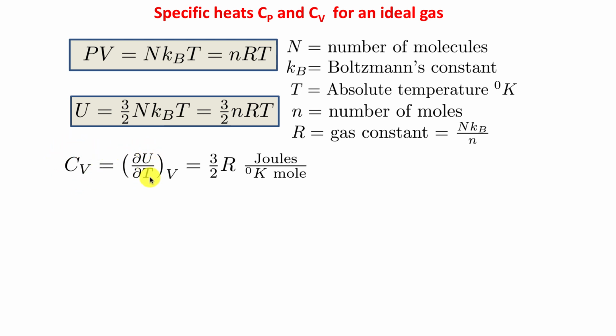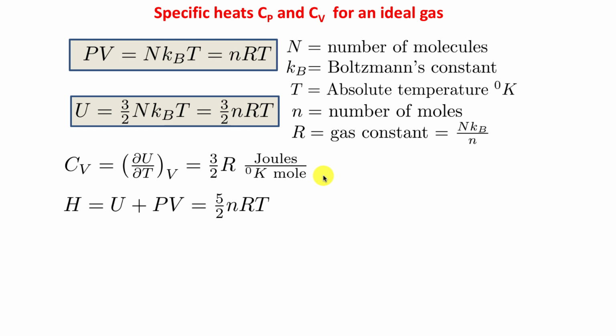It's just dU by dT at constant volume, and you can see that dU by dT is 3 over 2 R, and remember that we are taking 1 mole of gas, so n is equal to 1. The units are obvious. It is energy, joules, per degree Kelvin, per mole.